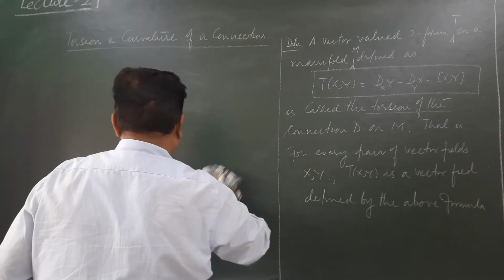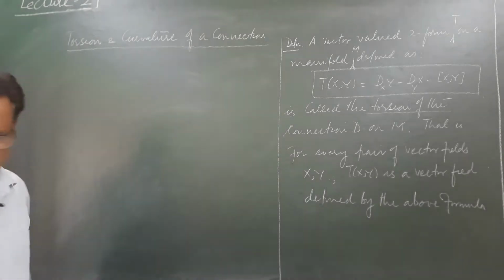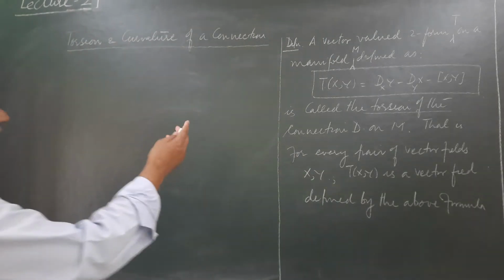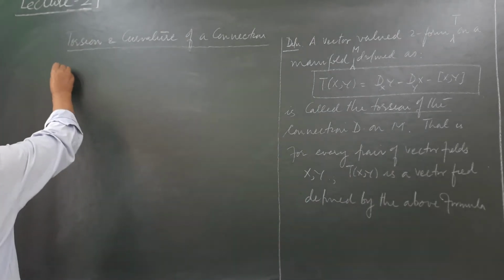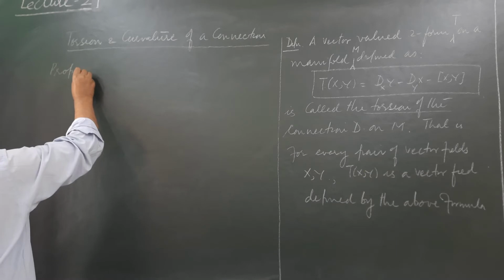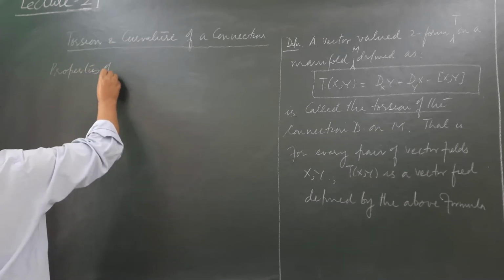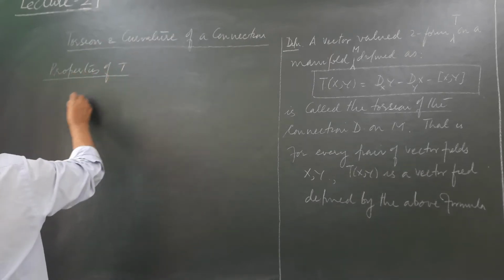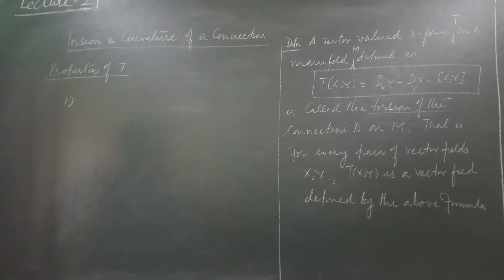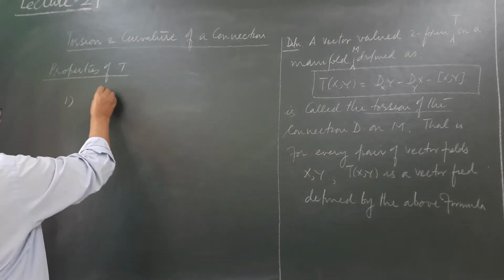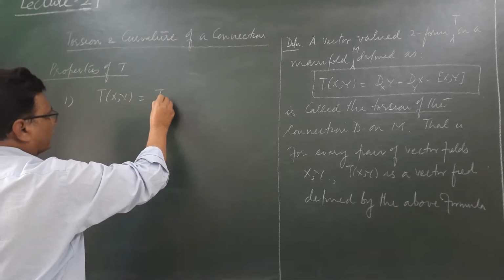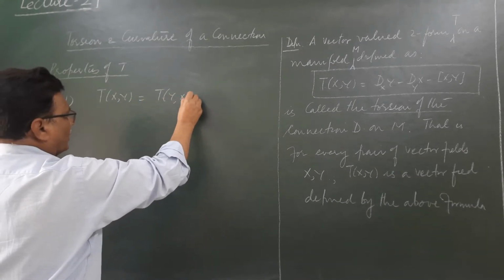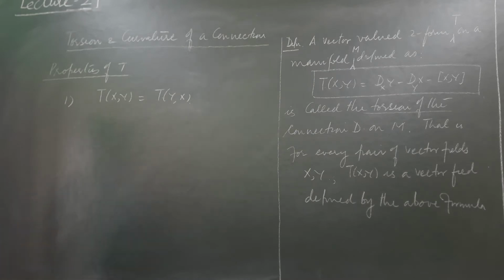Alright, now there are some other observations. As properties of T, there are some obvious things that you can notice from the formula of T(x,y). Number one, it is skew symmetric, which is obvious from the definition itself.